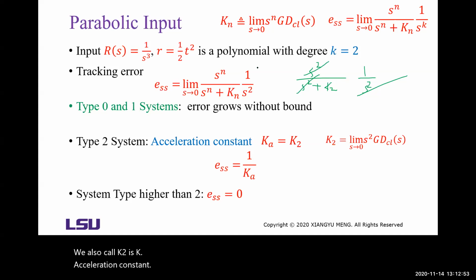So K_2 can be calculated as s squared times G times D, the open loop transfer function, then let s be 0. Then the steady state tracking error is 1 over K_a. K_a is the acceleration constant.